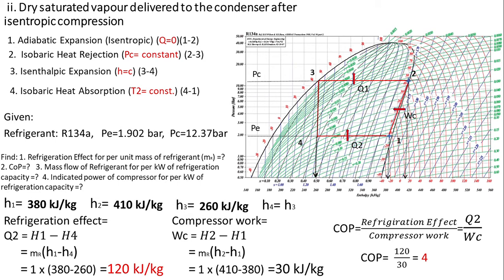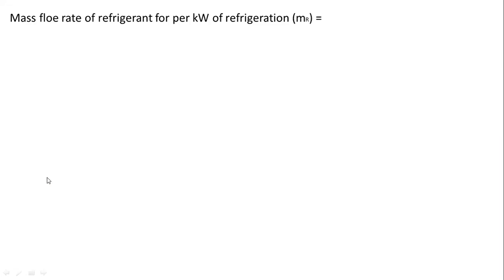Okay, then next, mass flow of refrigerant per kilowatt of refrigeration capacity. Now you have to find out the mass flow rate. Sorry, here the spelling mistake is there: mass flow rate of refrigerant per kilowatt of refrigeration effect.